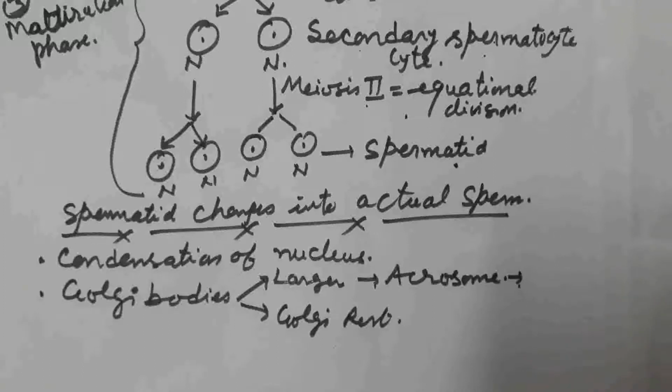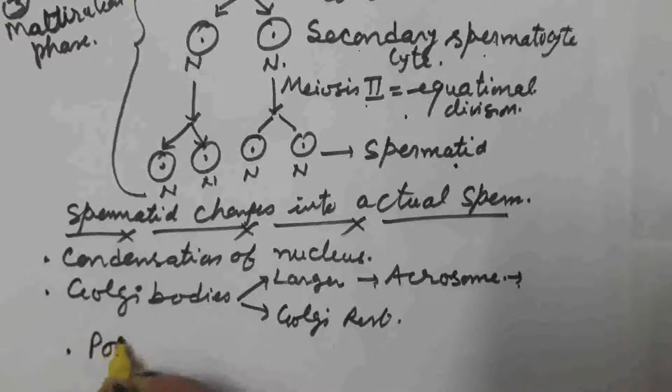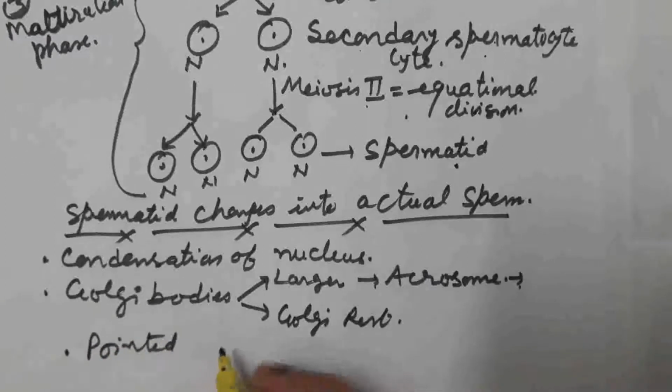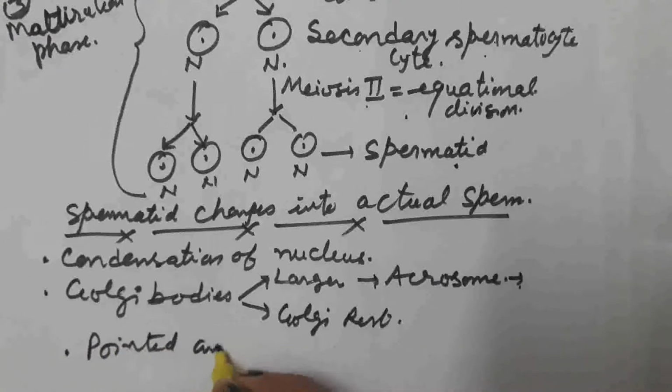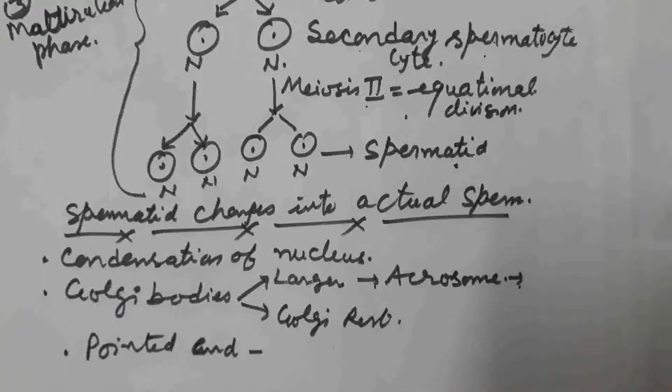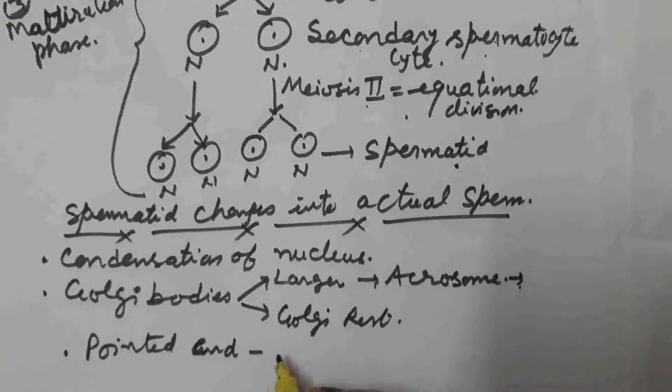Another change we observe in the spermatid is that its anterior end becomes pointed, which is known as the acrosome.